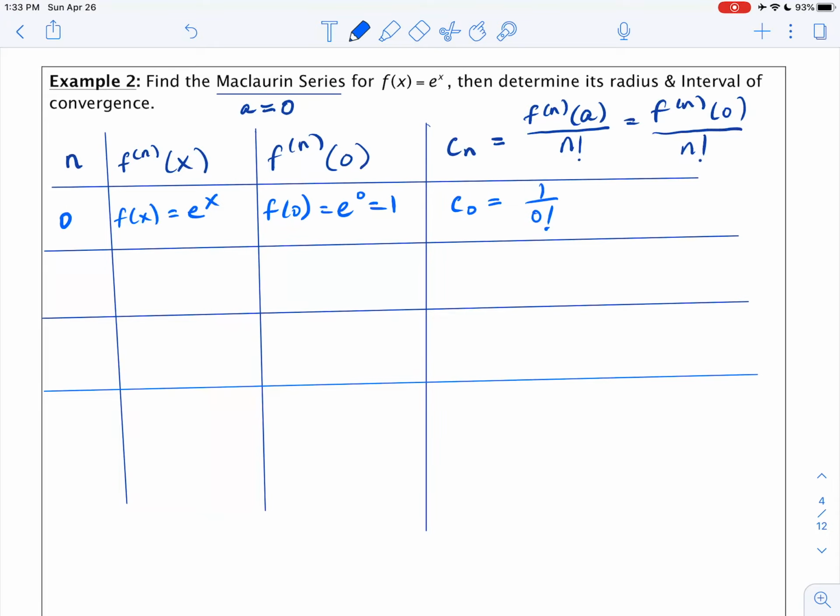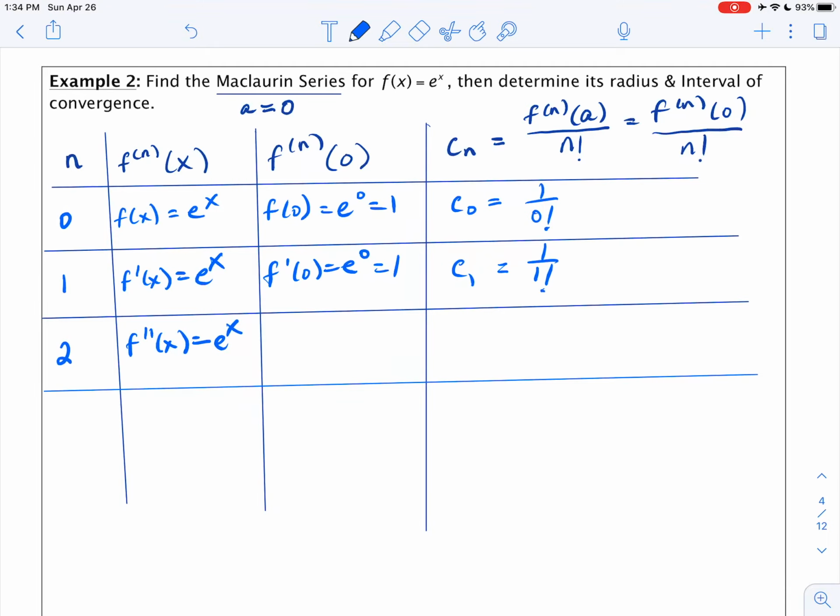We'll leave it like that until we see if we're able to establish a pattern. So now let's proceed with n equal to 1. We're going to take the first derivative of e to the x, and the derivative is e to the x. We're going to evaluate at 0, which again we get e to the 0, which is 1. And our c sub 1 now is going to be 1 over 1 factorial.